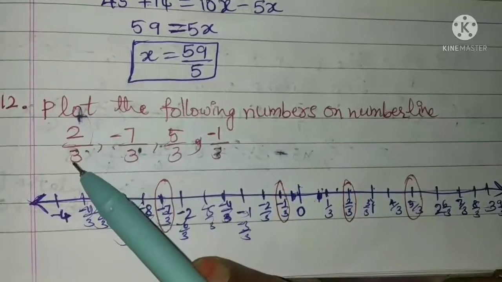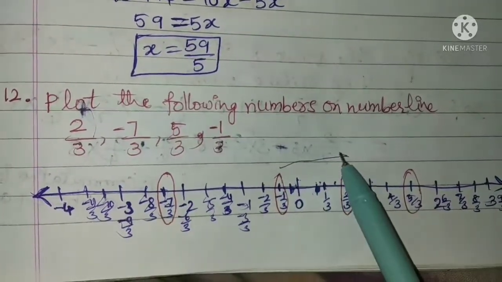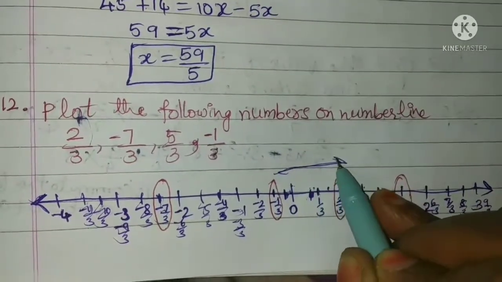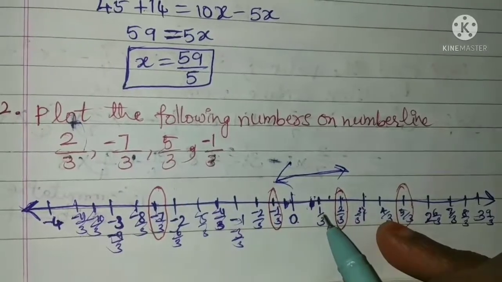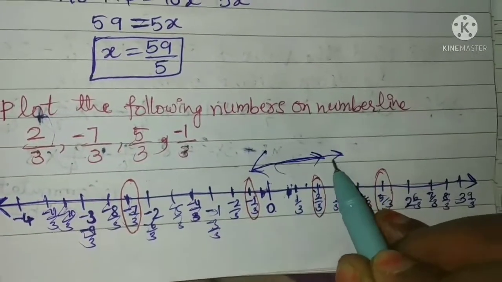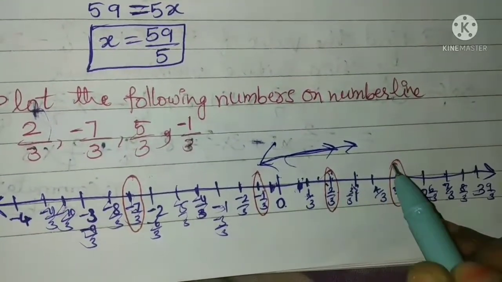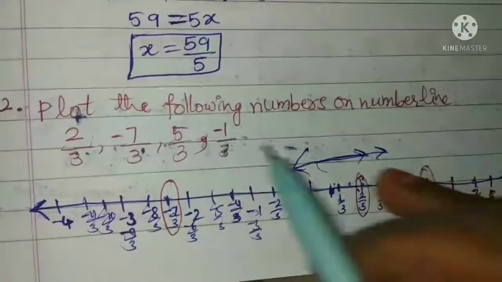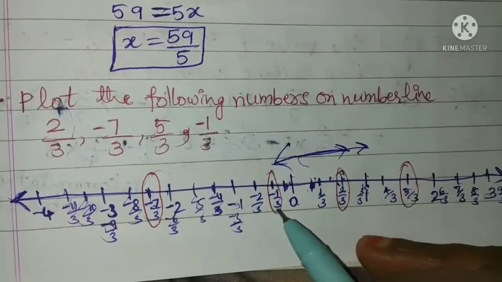As there is 3 in the denominator, we have to divide each unit into 3 parts. So here 0, 1 by 3, 2 by 3, 3 by 3. 3 parts I have divided. So 2 by 3 like this, and here we'll get 5 by 3, and this side minus 7 by 3, and it is minus 1 by 3.